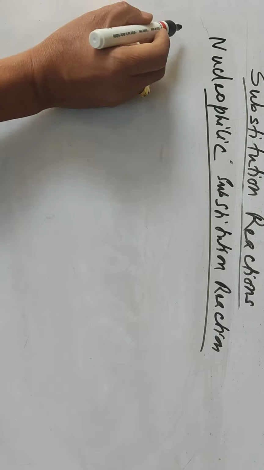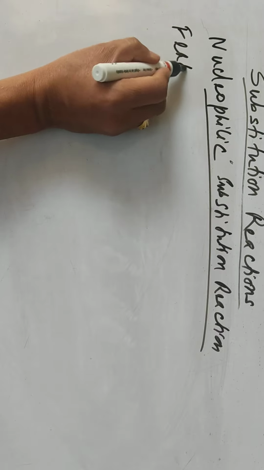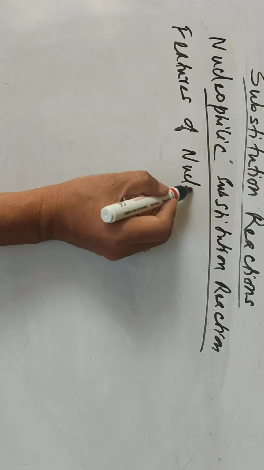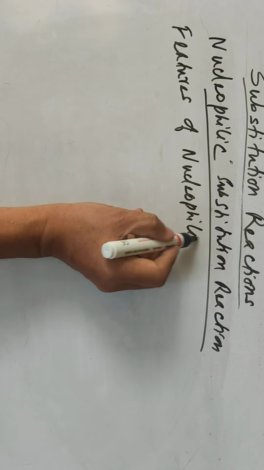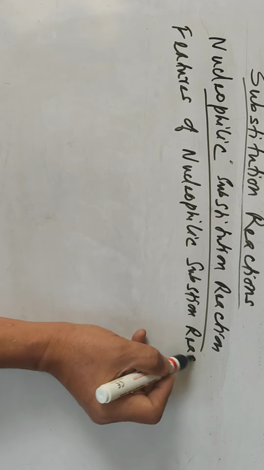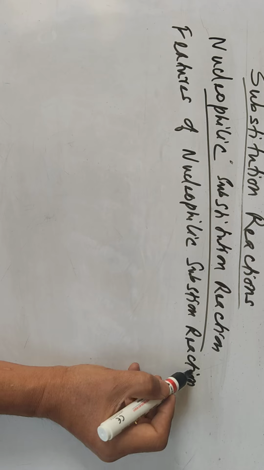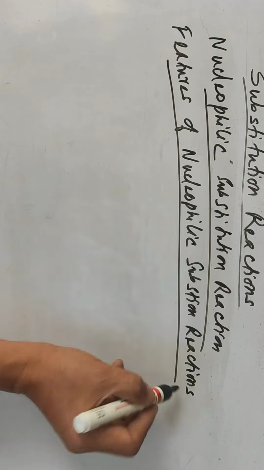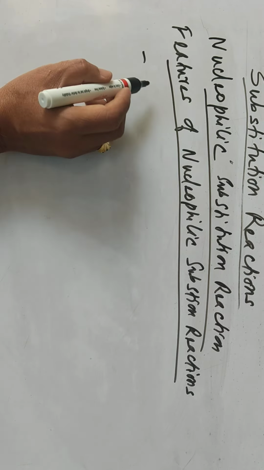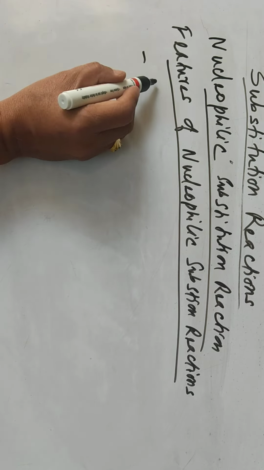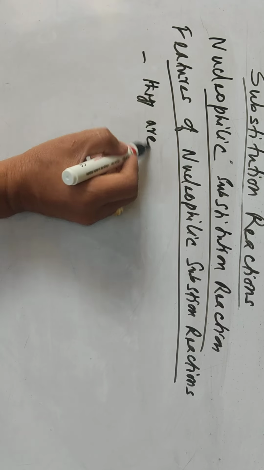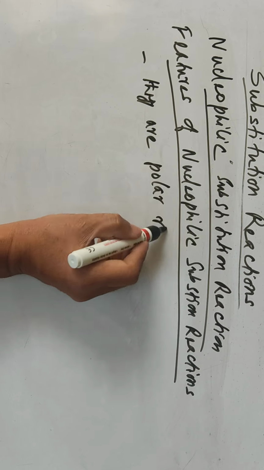If a nucleophile attacks an organic substrate, then we have a nucleophilic substitution reaction, which can be characterized by three points. First, they are polar reactions.